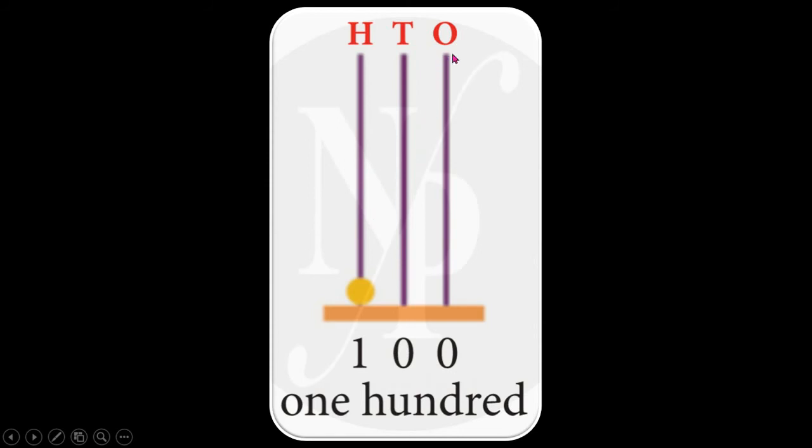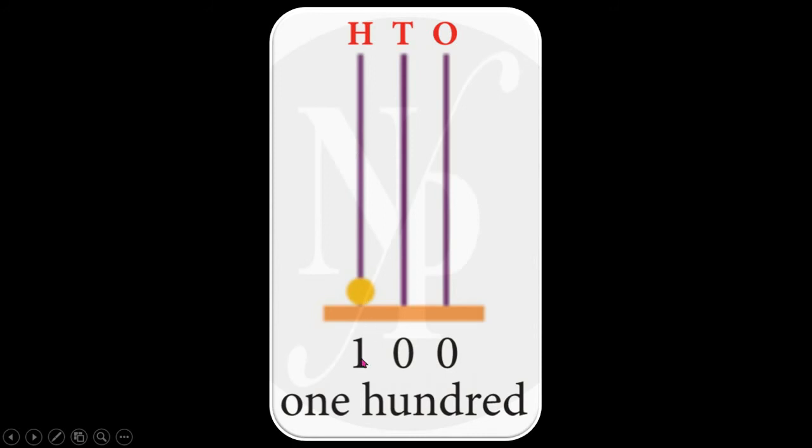In the abacus, the rod at the right extreme represents ones place, the next towards left represents tens place, and the adjacent rod represents hundreds place, as shown in this picture. So the first rod from right represents ones place, the second rod from right represents tens place, and the third rod from right represents hundreds place.